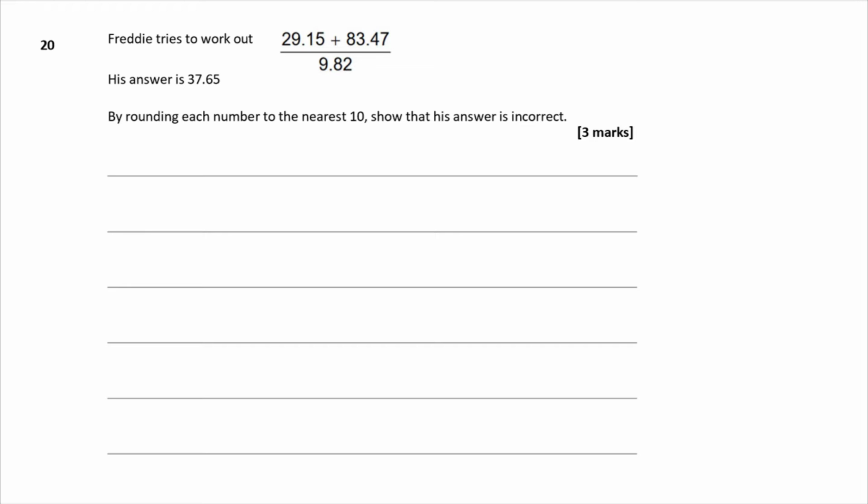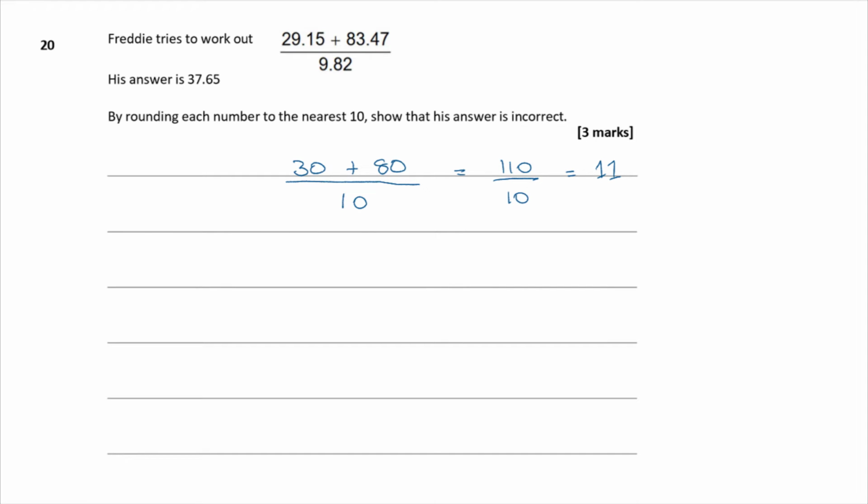So we're going to estimate this answer by rounding each number to the nearest 10. 29.15 to the nearest 10 is 30. 83.47 to the nearest 10 is 80, and 9.82 to the nearest 10 is 10. So if I add 30 plus 80, that is 110, and 110 divided by 10 is 11.